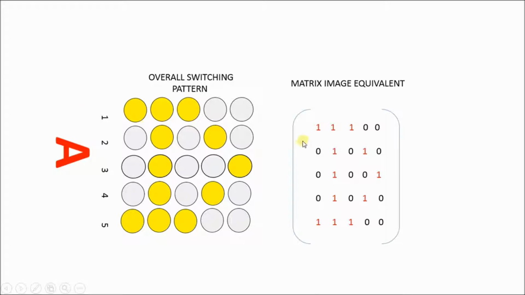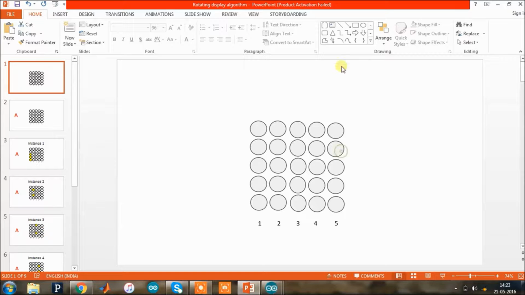This is instance 1, instance 2, instance 3, instance 4, instance 5, and the matrix image equivalent is shown here. The ones represent the yellow circles and zeros represent the white circles. So here, you can actually see the image A, and that is what is going on here.